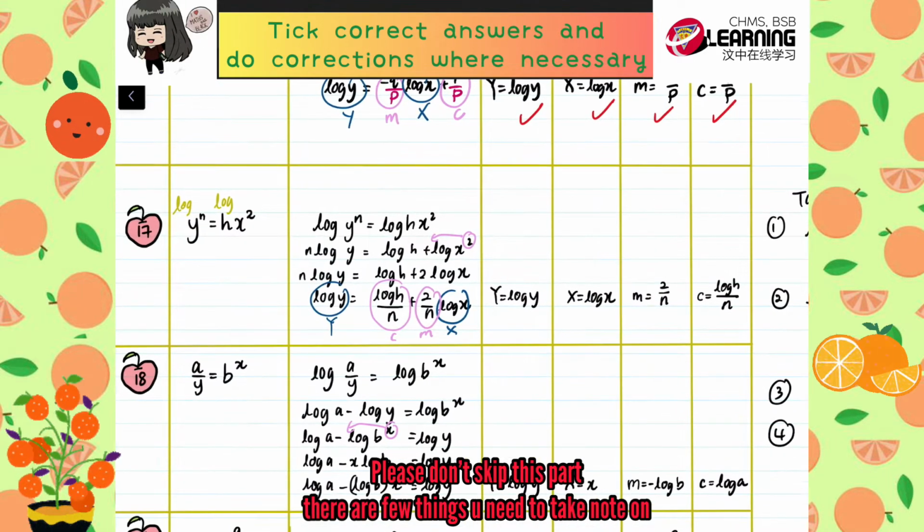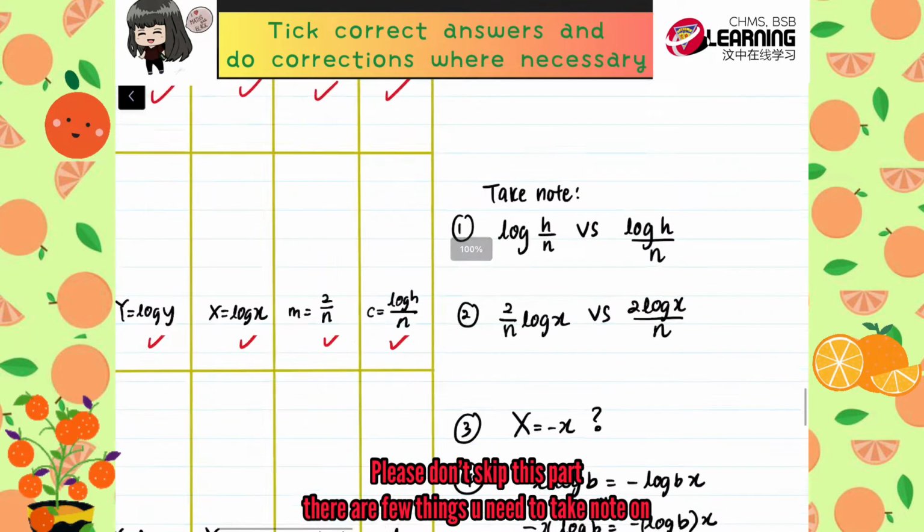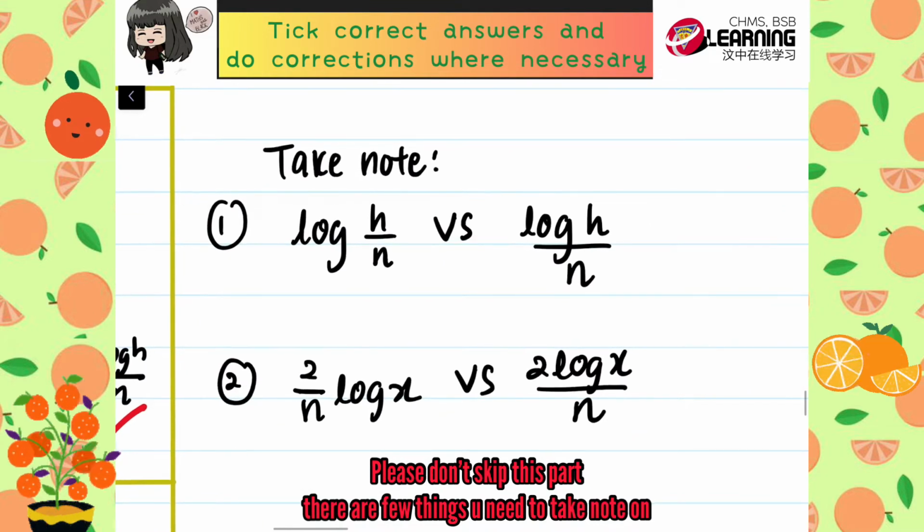The answer is here: your big Y, big X, and your M and your C. The thing I want you to take note of is this one: log H over N. This is H over N, versus log H over N. This over is only for the N, and this over includes the log. Are they the same?